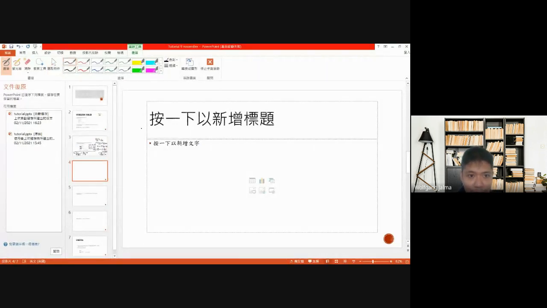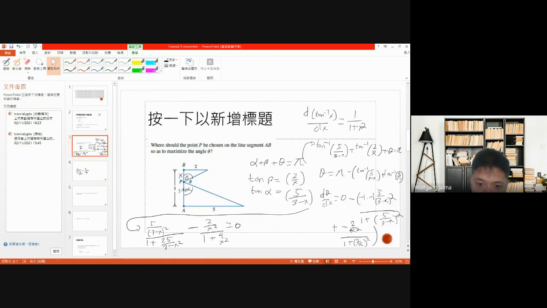Here we have 5 over 3 minus x squared, over 1 plus 25 over 3 minus x squared, minus 2 over x squared over 1 plus 4 over x squared equals 0. Right? Check again. Yep.